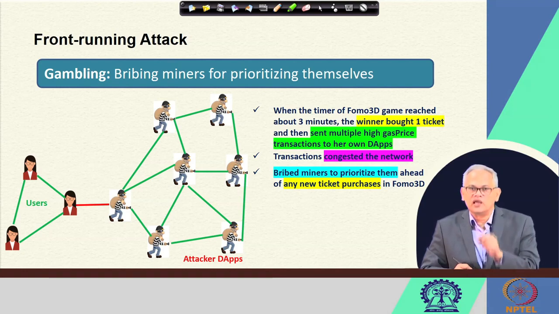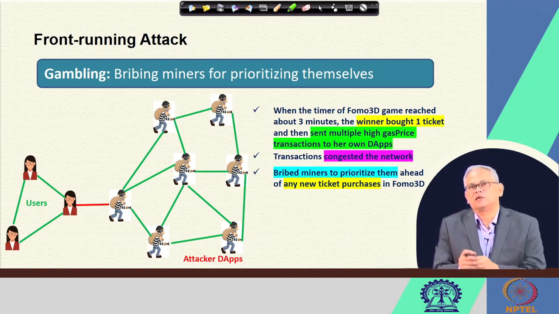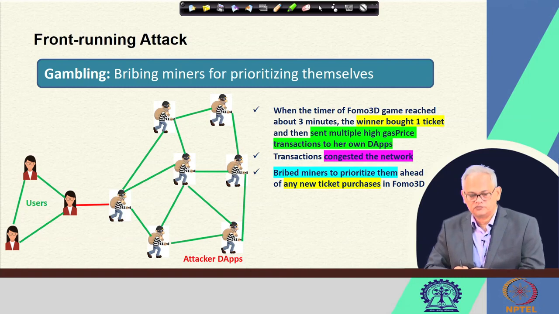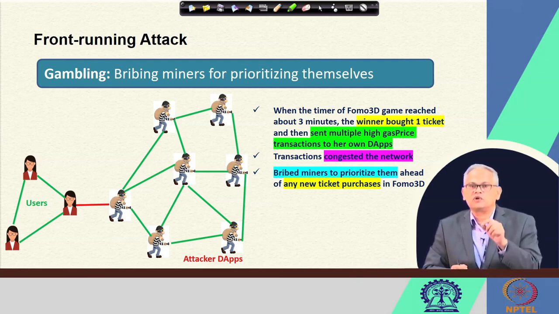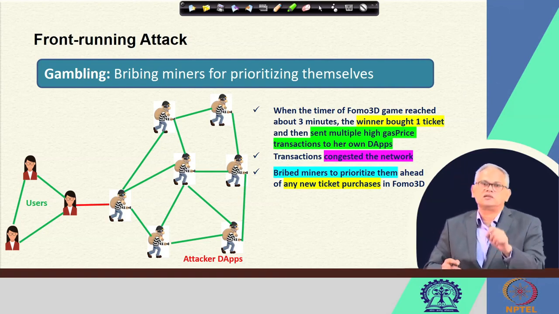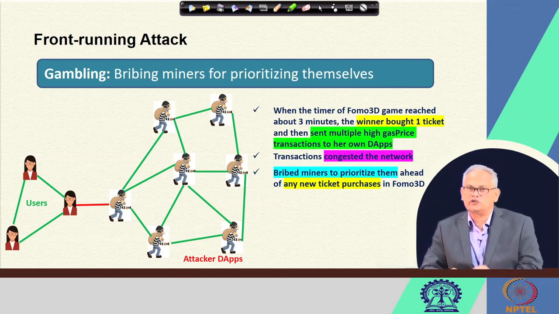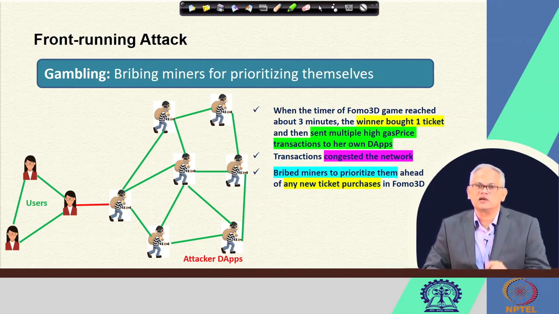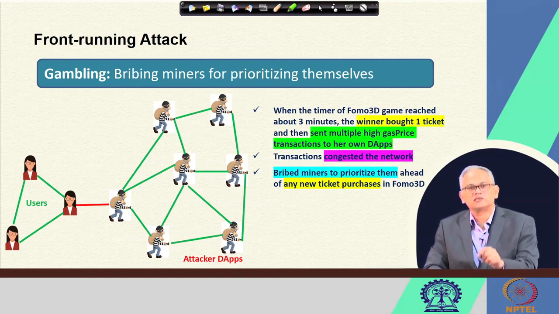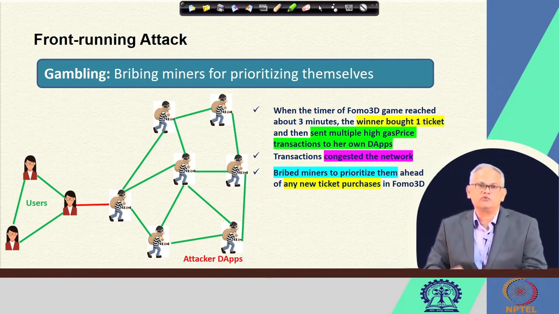But as soon as any such user or player buys a ticket, the deadline is extended by some time. I am sorry, it is not 3 minutes, it extends by about 30 seconds. So, if one person purchases a ticket, instead of 10 a.m. on 1st January 2022, it will be 30 seconds past 10 a.m. If another person purchases a ticket, then it will extend by another 30 seconds, so it will be 1 minute past 10 a.m. on 1st January 2022, and so on.